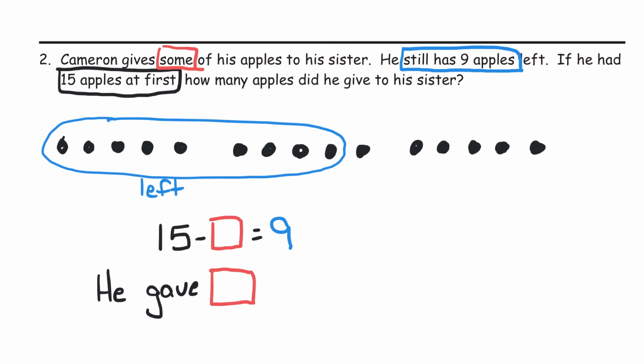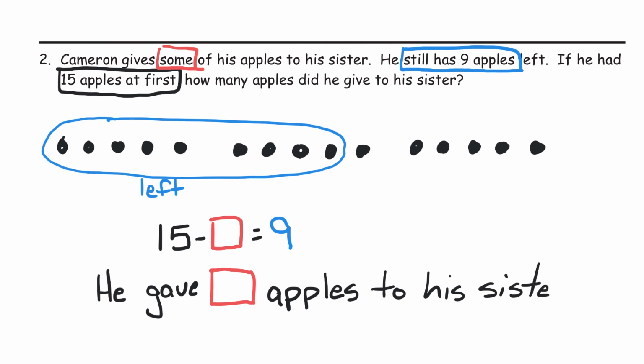So he gave apples, A-P-P-L-E-S, to his, H-I-S, and then sister, S-I-S-T-E-R. Okay, so you need to finish this problem now. So you have to finish number 2 on your own.